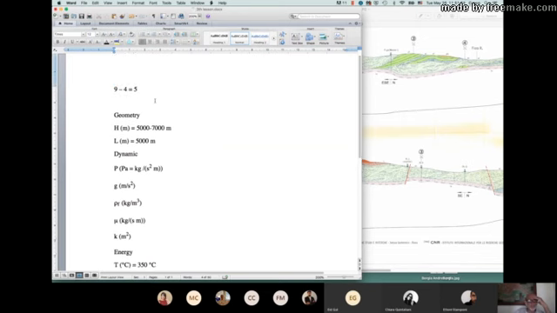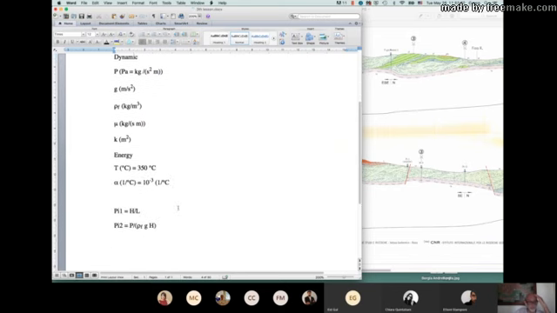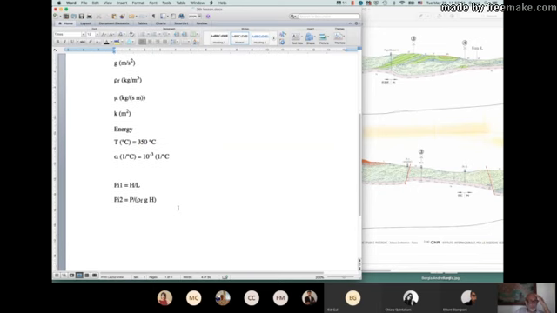I need at least 3 more for describing my system. So what will be these dimensionless parameters? Pi 3 equals, pi 4 equals, and pi 5.